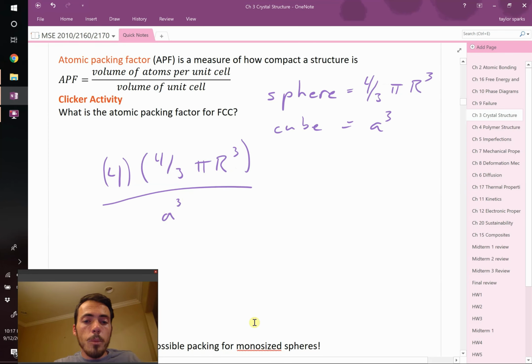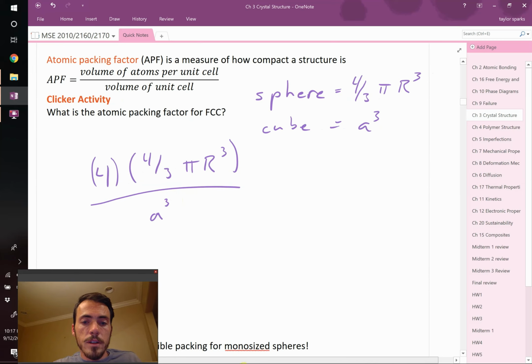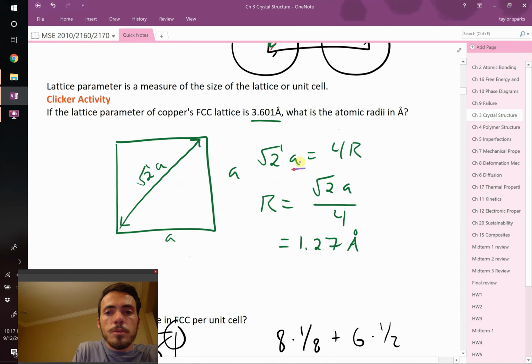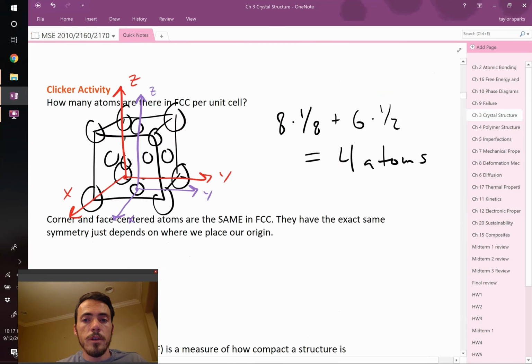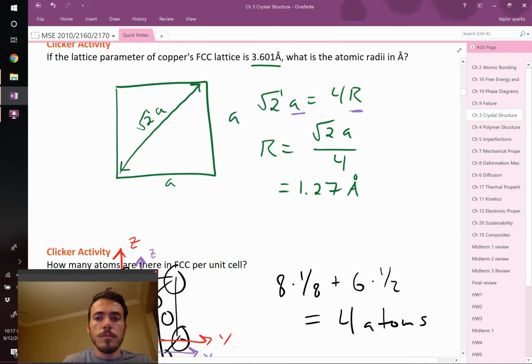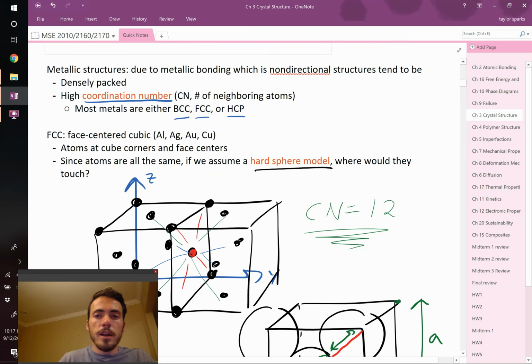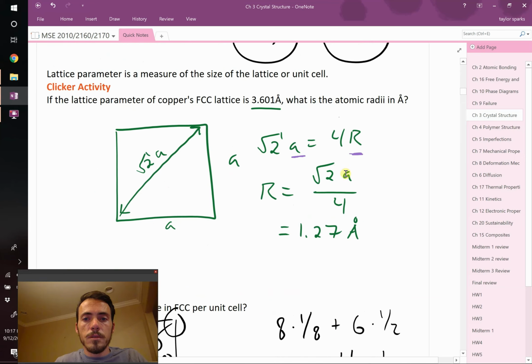But we can actually make this a little bit better. We can simplify it, and we can remember that previously for FCC we had a relationship between lattice parameter and atomic radius, right? So we can write one in terms of the other. Let's rewrite this down here. We know that a is equal to 4r divided by root 2.